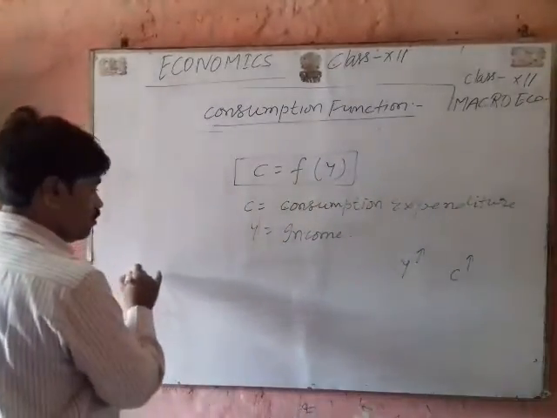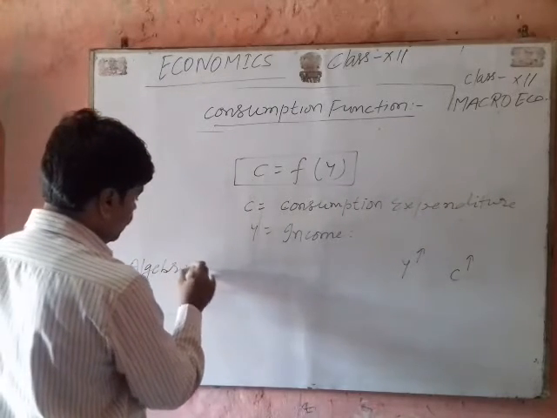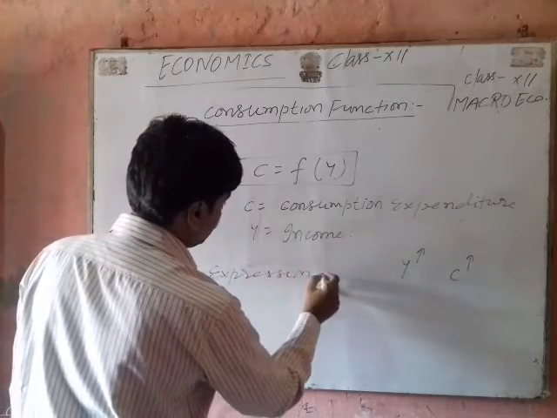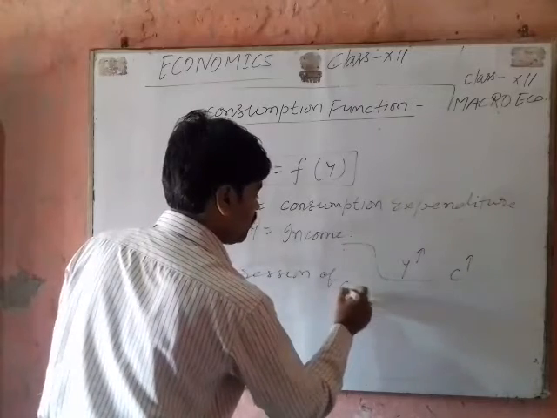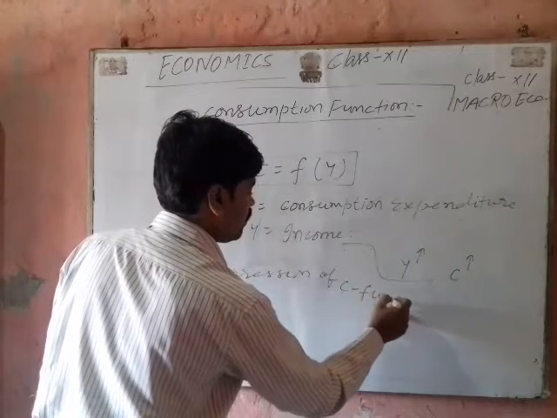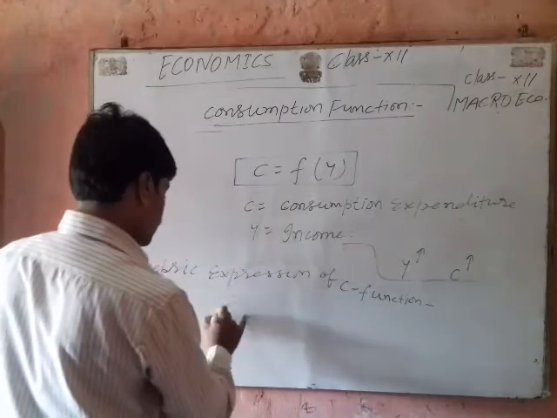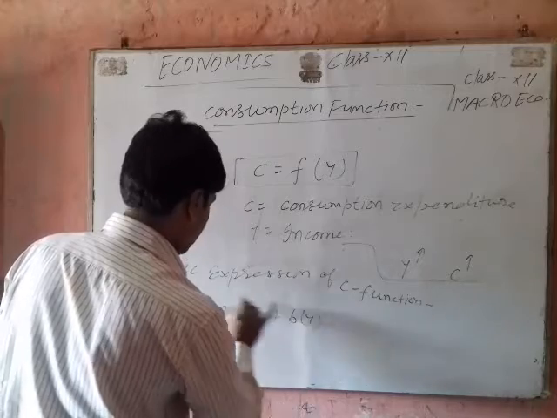We can show the algebraic expression of the C function in this way. C is equal to C bar plus bY.